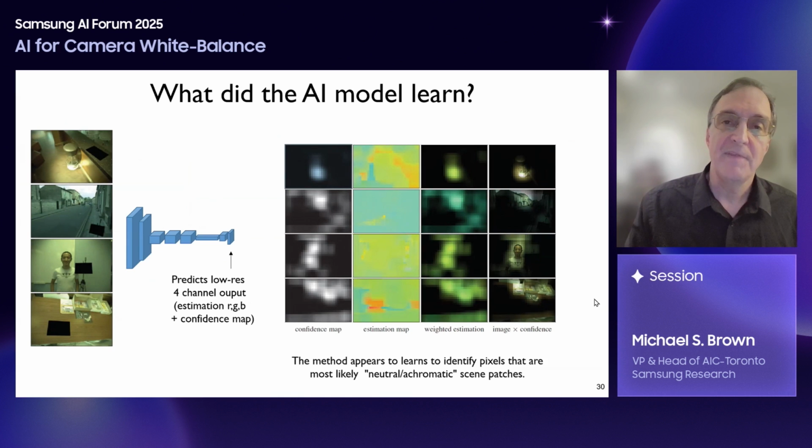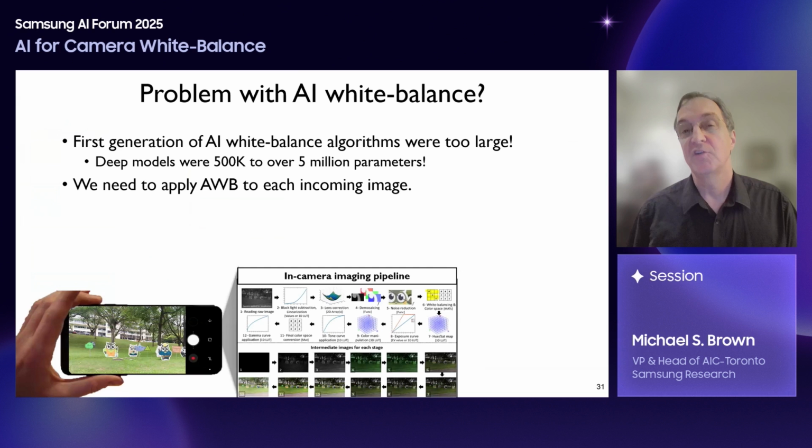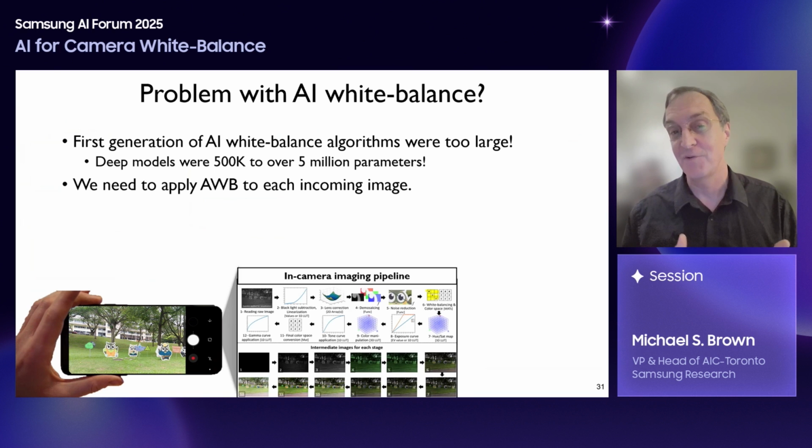Now, the problem with these early generations, and this is one of the first papers, there were many, is that the networks were just too big. The networks tend to be 500,000 to 5 million parameters. In fact, I was just at a conference earlier this year and saw an example that was a 25 million parameter network.